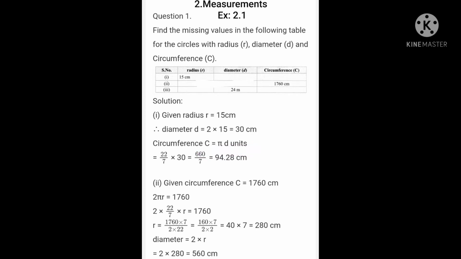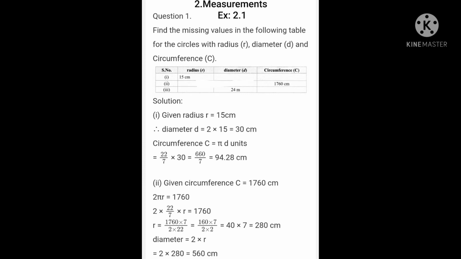Pi is equal to 22 by 7 and d is equal to 30 centimeter. So now we have 22 by 7 into 30. So 22 into 30 we have 660 and divide by 7, which is equal to 94.28 centimeter.